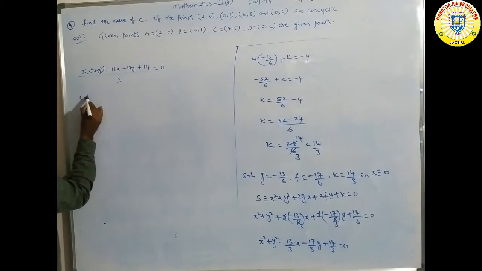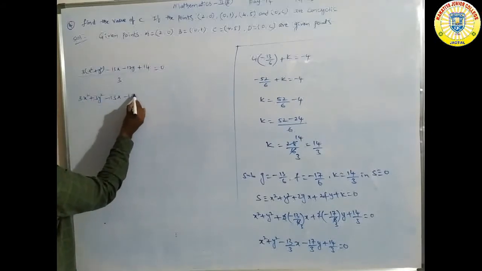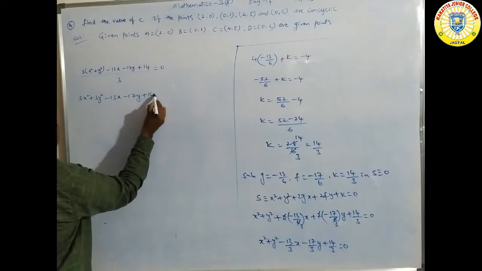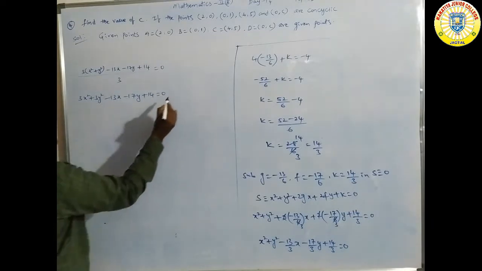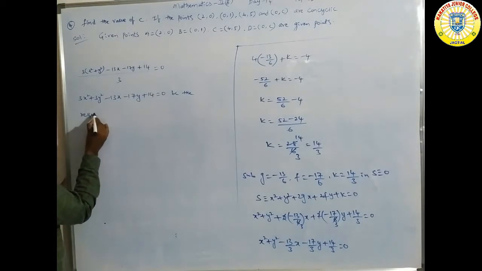Here 3x square plus 3y square minus 13x minus 17y plus 14 is equal to 0. That is the required circle.